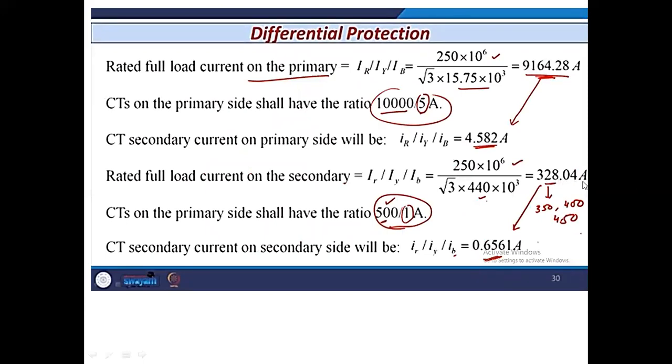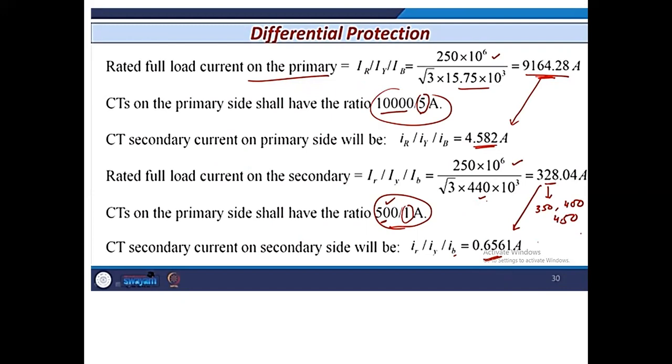I can select a 500 ampere by 1 ampere CT. I have selected 1 ampere secondary in this case because this current is less than 1000 ampere.